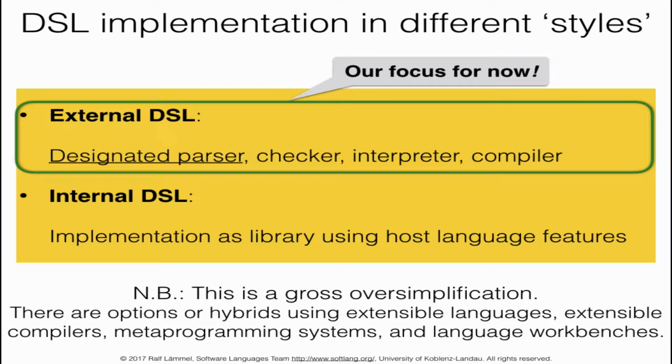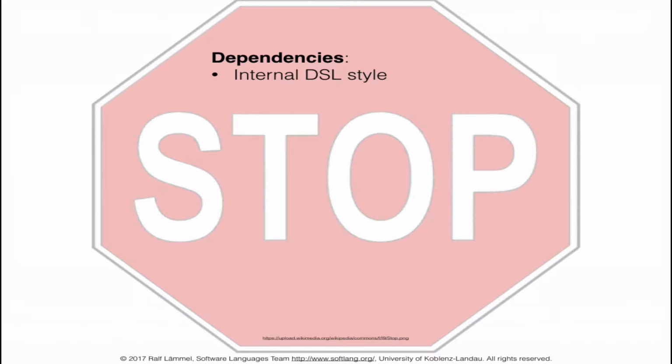This is as opposed to going for internal DSL style, which is when we implement a DSL essentially as a library in some other programming language. So we want a designated parser this time. And for this presentation to make sense, you should have studied already the material on internal DSL style, because we sort of build on top of this a little bit.